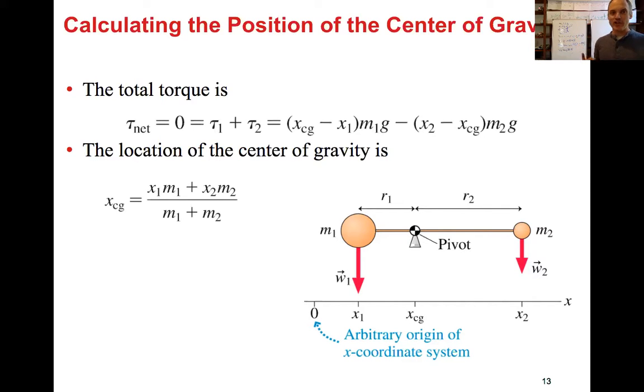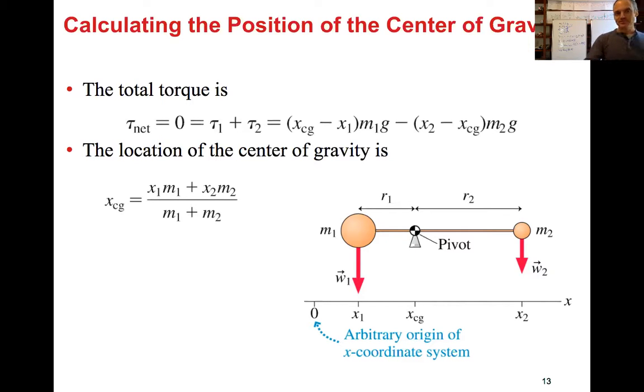Okay, so the overall idea is that if you know the positions of the masses and you know their masses, it's a ratio of the torque applied and the weight. So it's torque over weight, basically, to find the center of gravity. Which should make sense, a ratio of torque and weight is the idea.